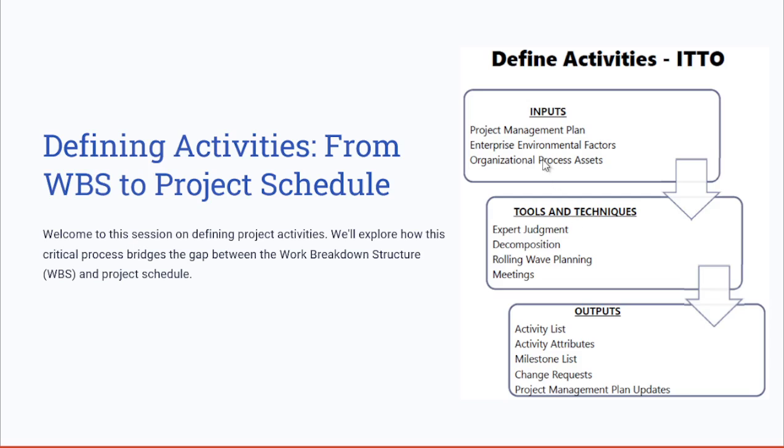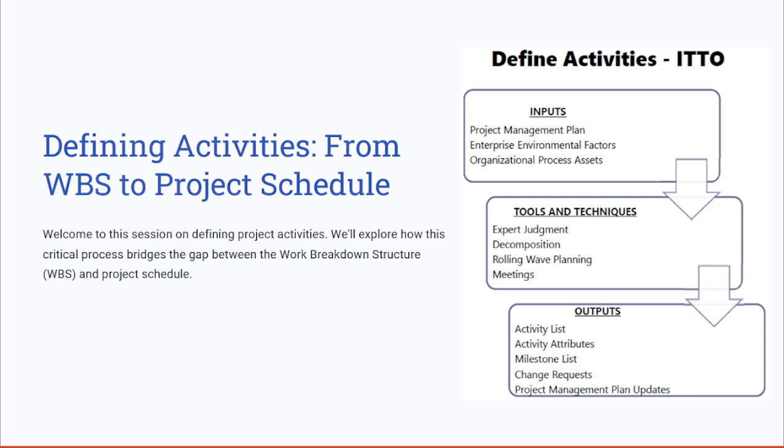The key inputs we look for include the project management plan, which, as you recall, includes the WBS, the scope statements, and the requirements that were gathered. So the key input considered when finding the activities is the project management plan, specifically the WBS.